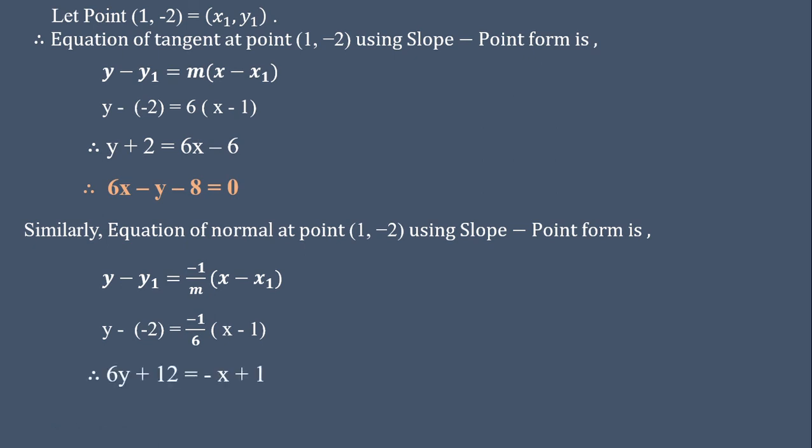Simplify further by doing cross multiplication, etc. 6y plus 6 times 2 is 12. 6 gets cross multiplied with the left hand side. Minus x plus 1. Or x gets shifted into the left hand side because it is negative in RHS. So x plus 6y plus 12 minus 1 is plus 11 equal to 0 is the required equation of normal.